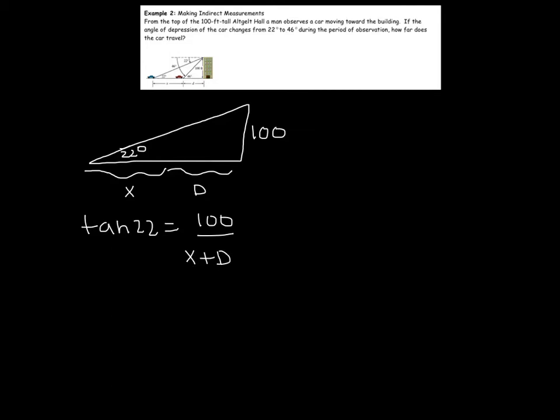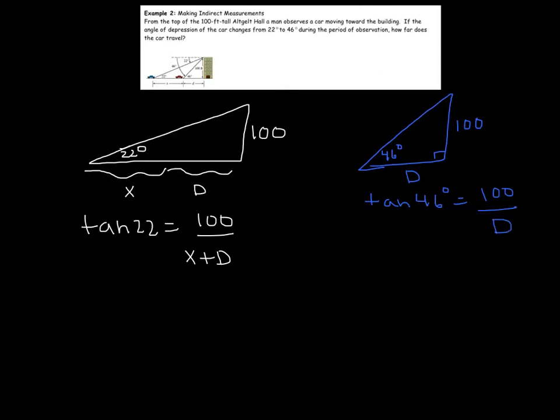Now we've got another triangle over here with a steeper angle, 46 degrees, both right triangles, and this is a distance of d. Also 100 is the height, so we have tangent of 46 degrees is equal to 100 over d.